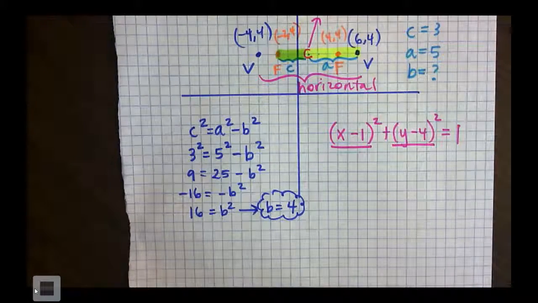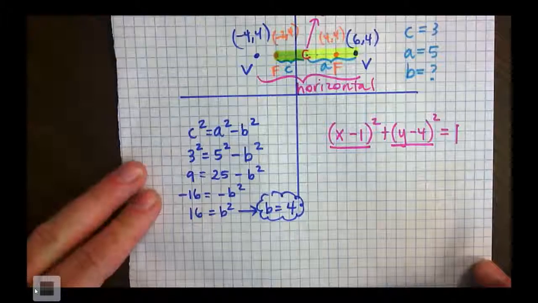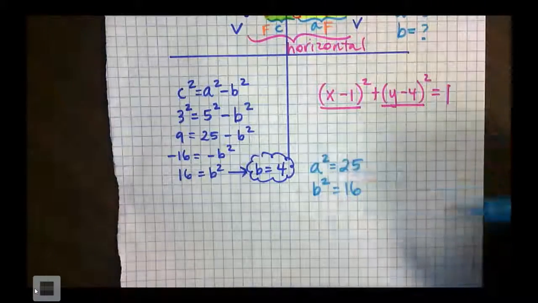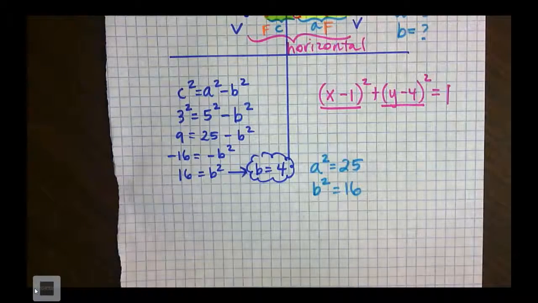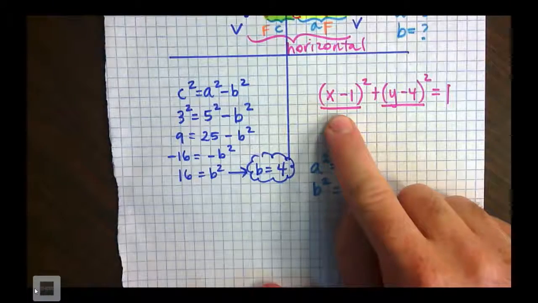But I don't need b and a. I need something else to write my equation. As you can see here, a squared is 25 and b squared is 16, and you need to remember the properties of an ellipse. The a squared term is always the bigger number. Since it's more horizontal, the bigger number has to go underneath the x term.